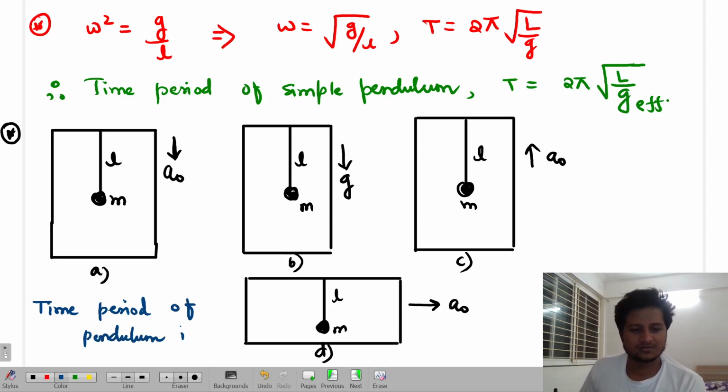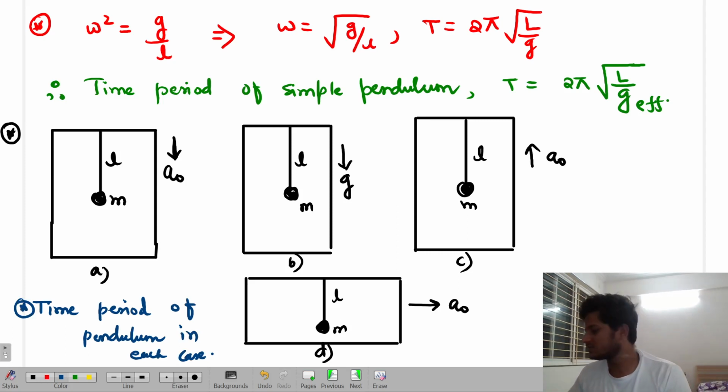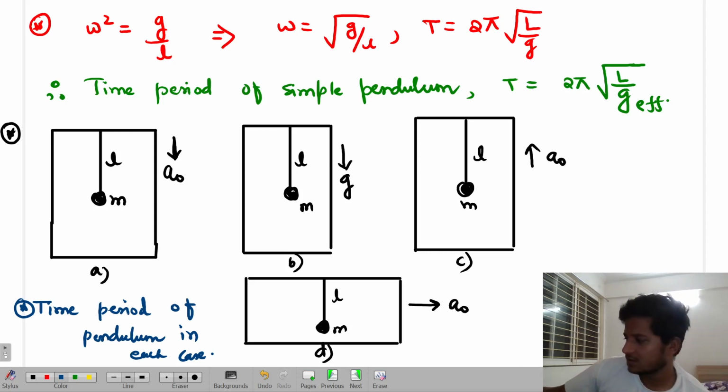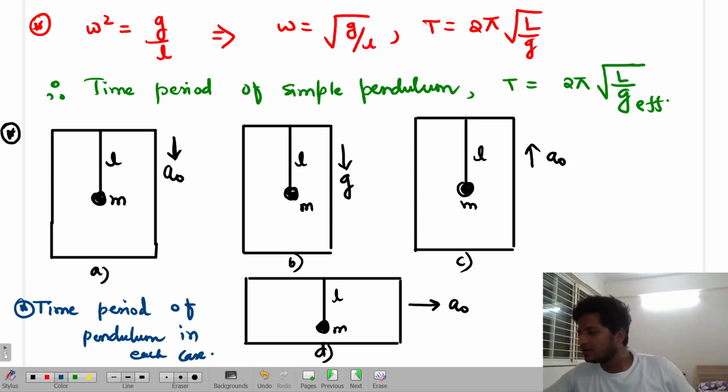Easy peasy. Got it? Tell me what will be the time period in each case.